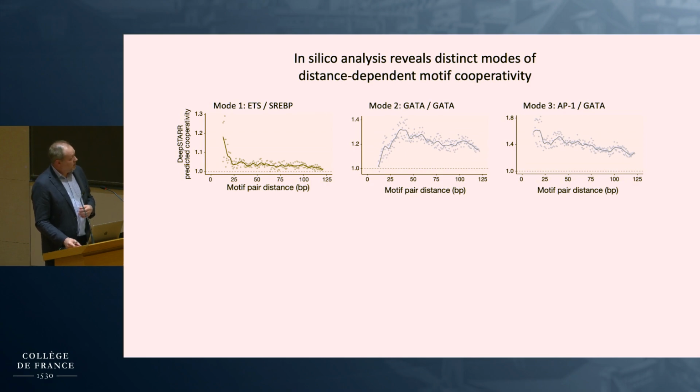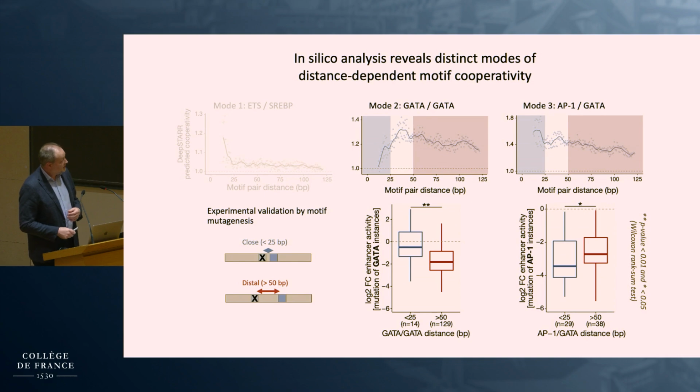And so we wanted to test this experimentally. Together with Fanny again, Bernardo selected GATA-GATA motifs that were either close and predicted to have no synergy, or distal, predicted to have synergy, and then they mutated them.